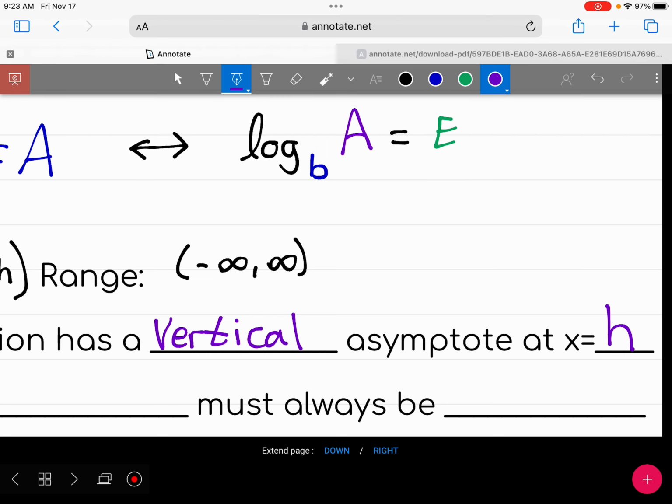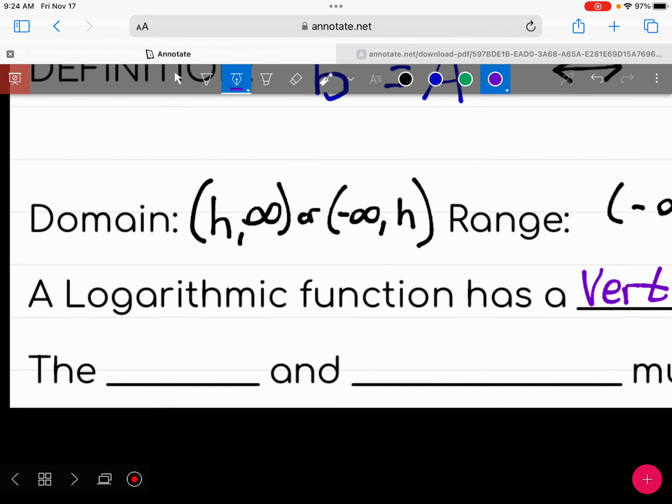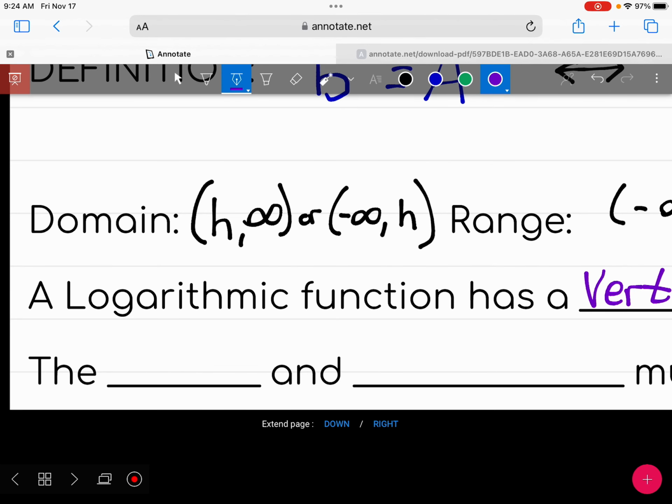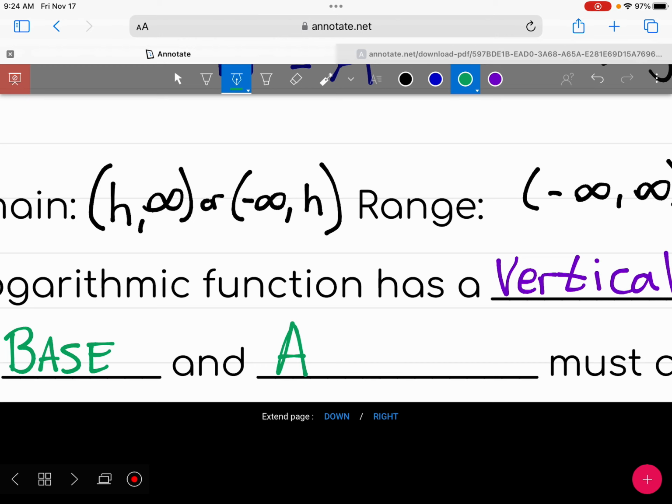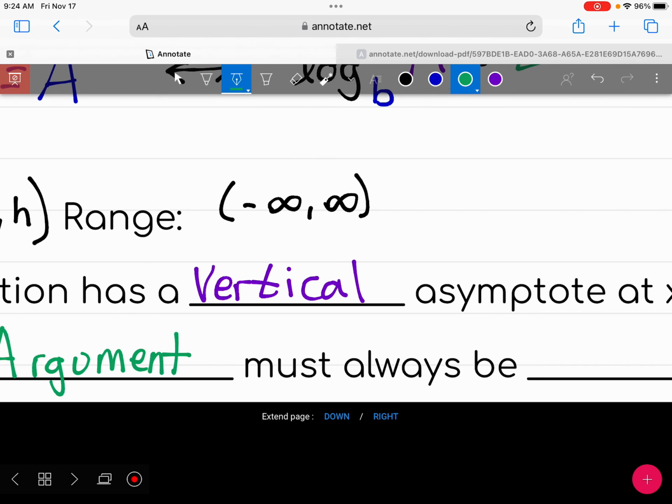And then our last piece down here is one of those things that if we don't have this rule, things stop functioning: the base and argument of a logarithm must always, not optional, be positive.